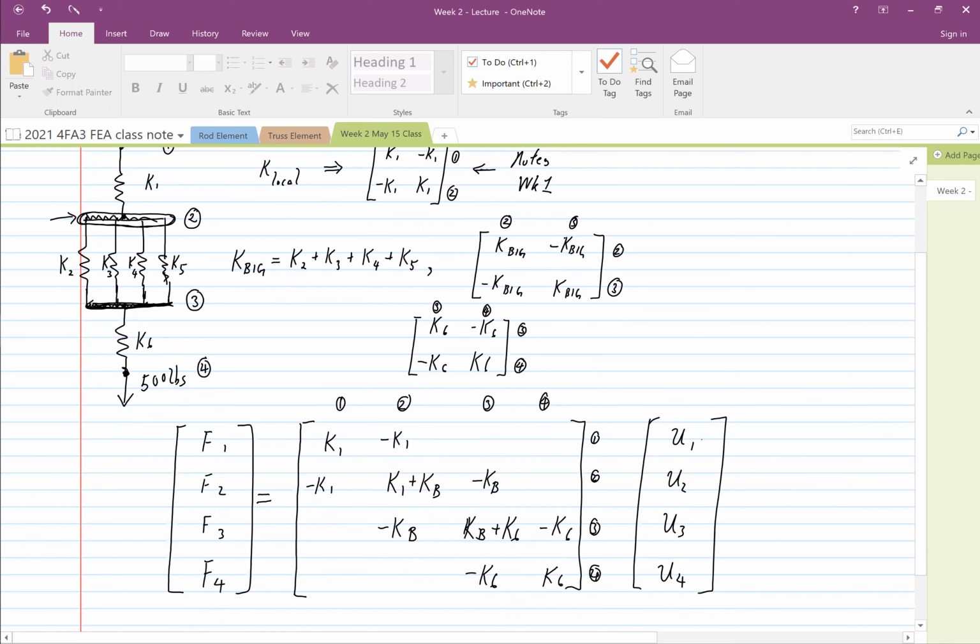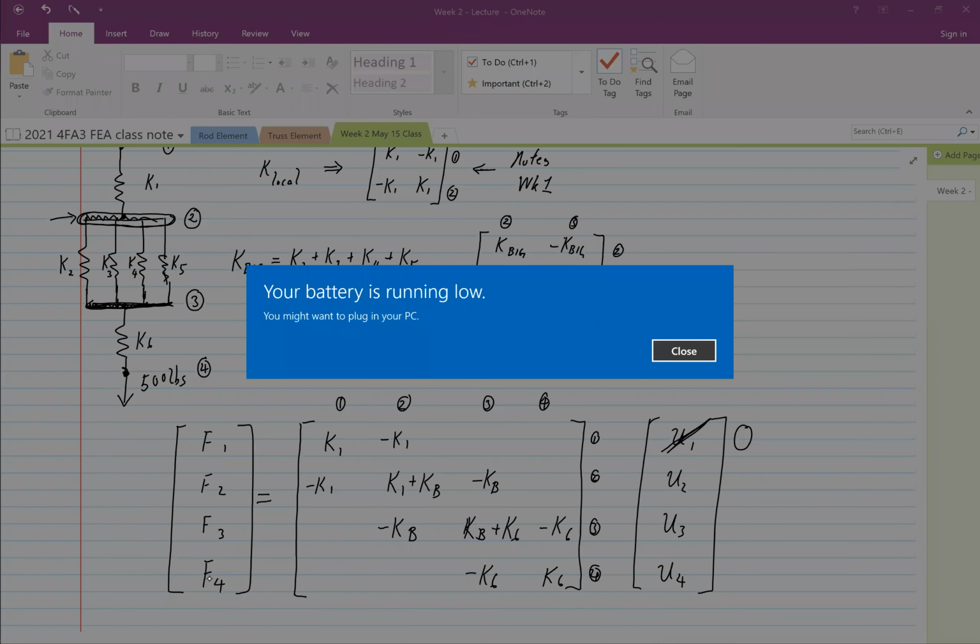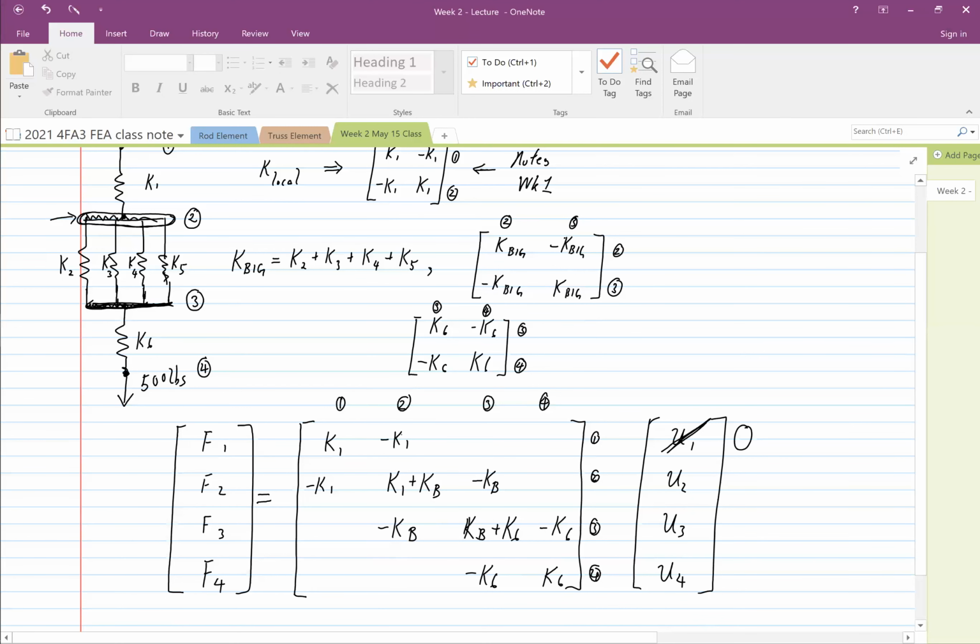Now let's apply the boundary condition. U1, 2, 3, 4. U1 is not moving at all. It's 0. Okay. And U2, 3, 4 are moving. And then on the left side, we know F4 is negative 500 pounds.